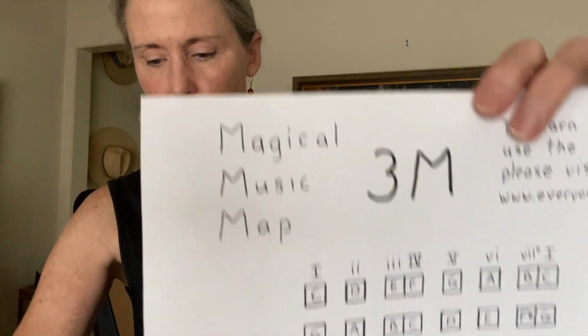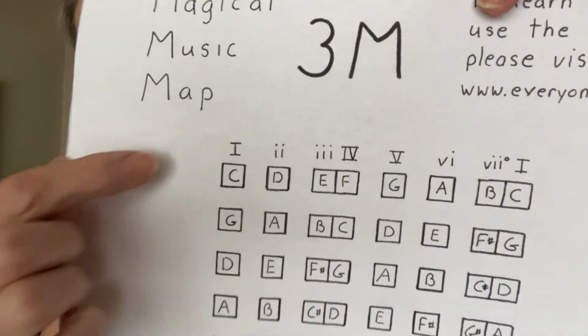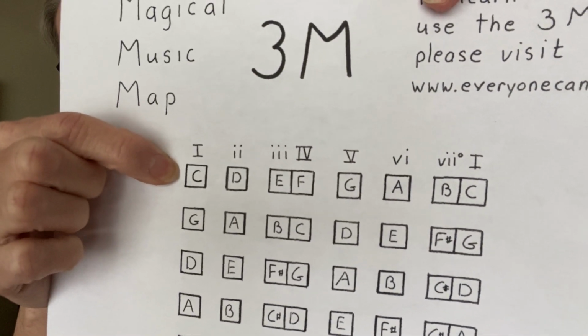So we want to transpose it to the key of, let's try the key of G since they're right next door. What that means is, in the original key, the song started with a C chord.